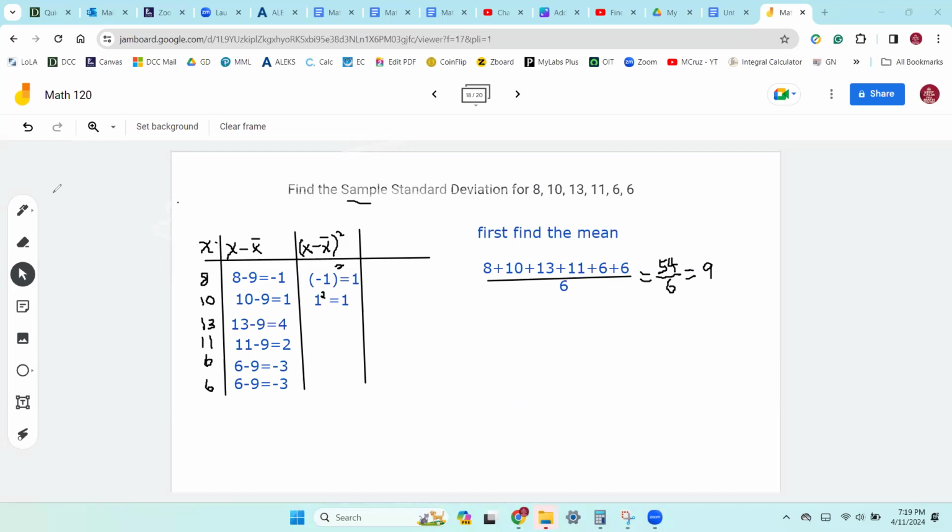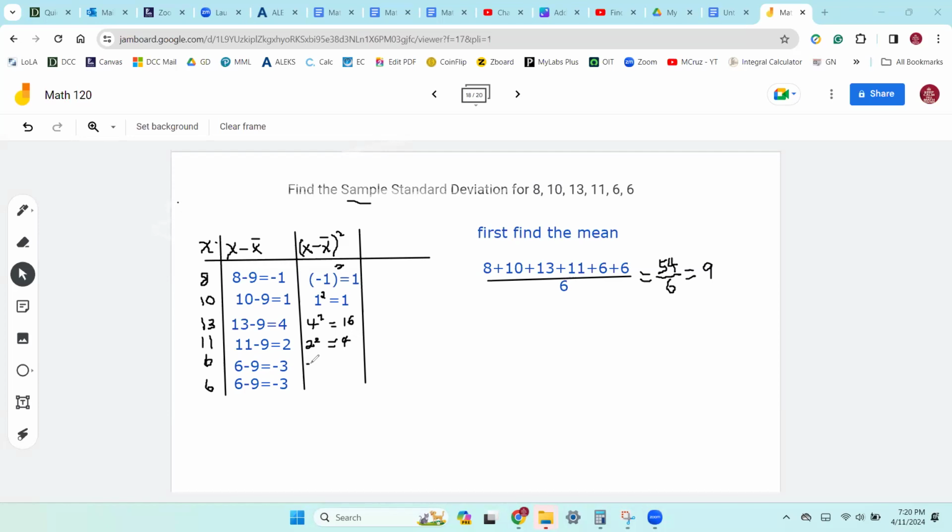So this right here is 4 squared. I'm going to try to write it real quick. This is 2 squared, which is equal to 4. And then these are both going to be the same.